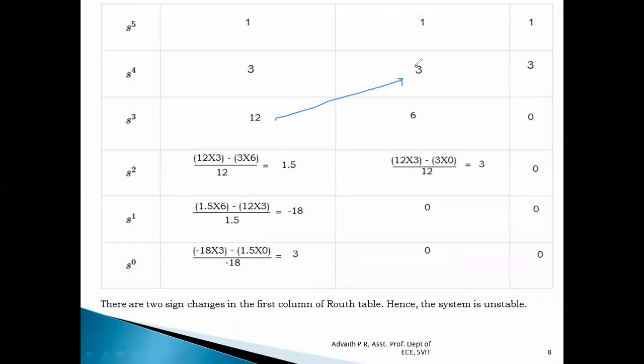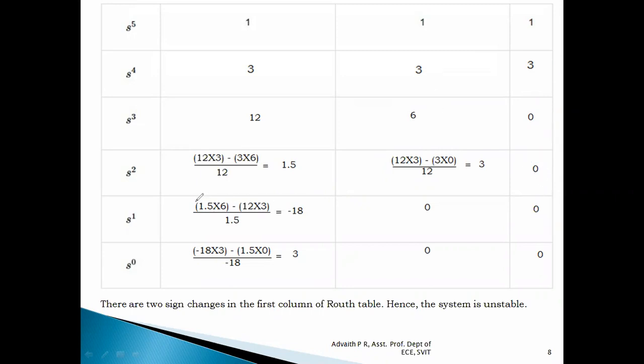Similarly, to get this value, 12 multiplied by 3 minus 3 multiplied by 0 divided by 12. The value which we get will be equal to 3. Next, after this we don't have any other values, so it will be taken as 0. So the third element in the fourth row is equal to 0.